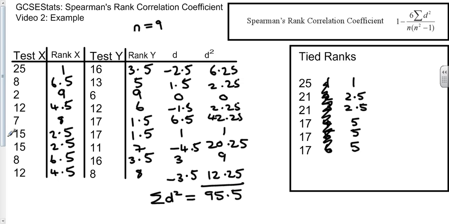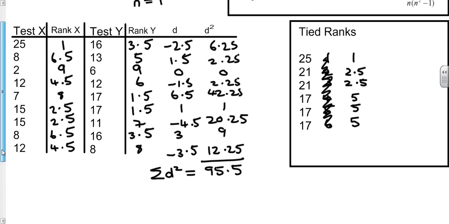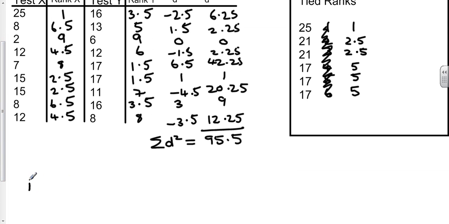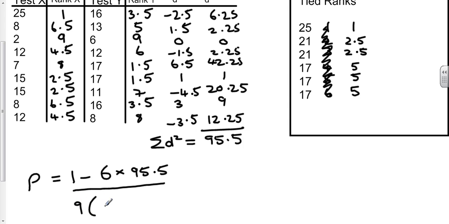If we add all of these d squareds up, we get 95.5, which just leaves us working out the correlation coefficient, which is 1 minus 6 times the sum of d squared, which is 95.5, all over the number of bits of data times the number of bits of data squared minus 1.